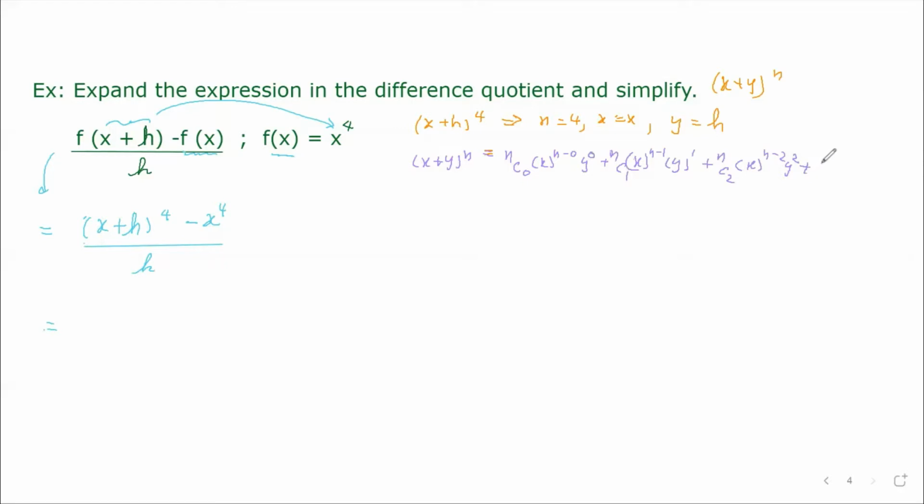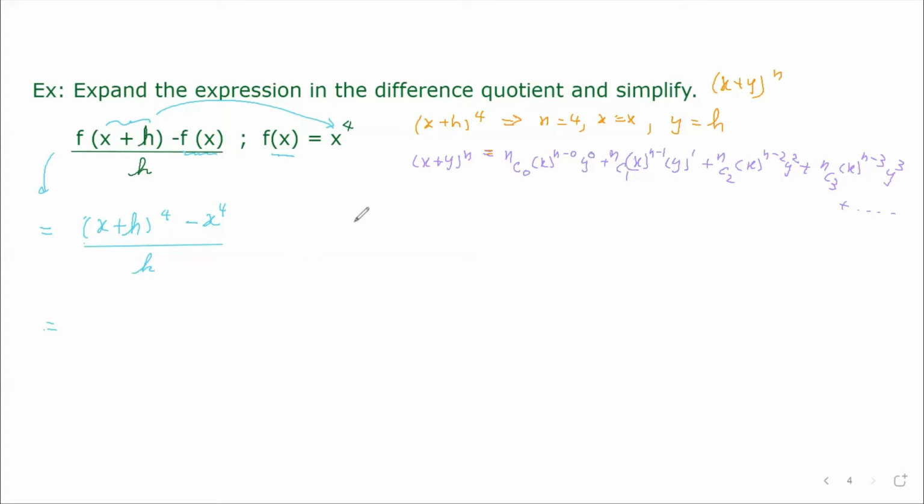Go on, plus nC3 then x power n minus 3 and then y power 3. Then plus, you just keep doing it until the last term. Now we replace in this one.